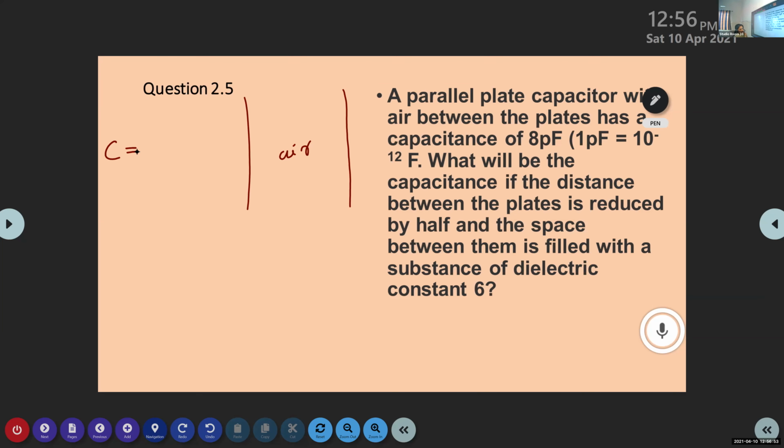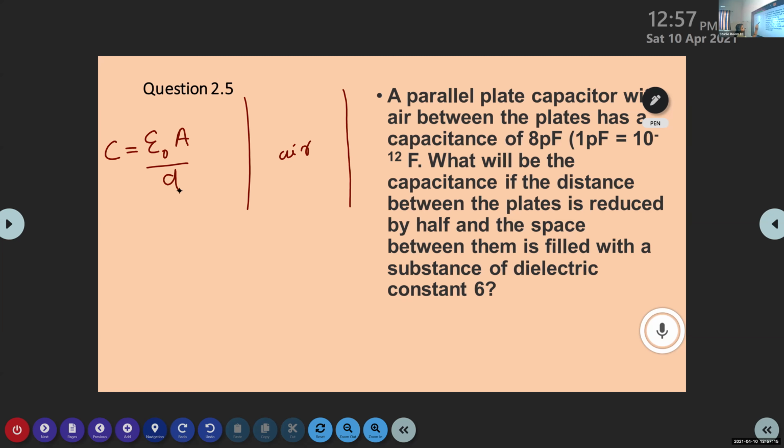What is the equation for calculating the capacitance if these two parallel plates are separated by the medium of air? C is equal to epsilon 0 A by D. Yes, C is equal to epsilon 0 A divided by D.